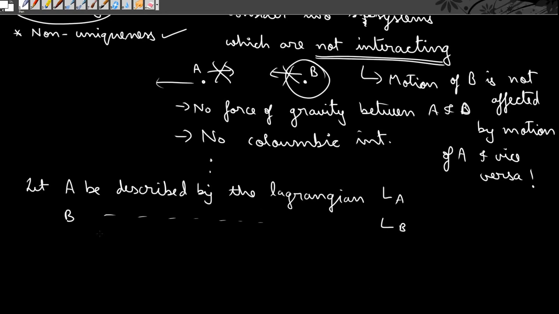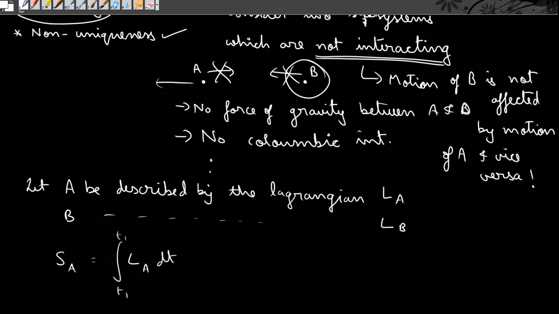Well, from the principle of least action, we know that the correct path for A is the one which corresponds to the action for A taking the minimum value.